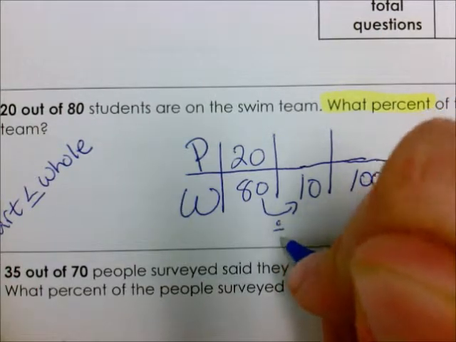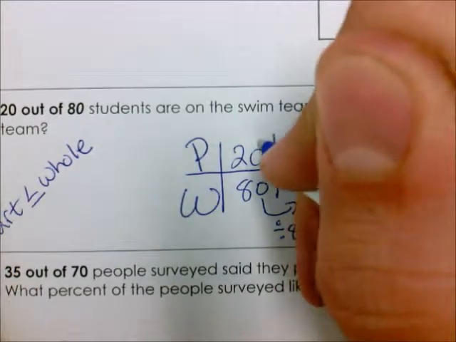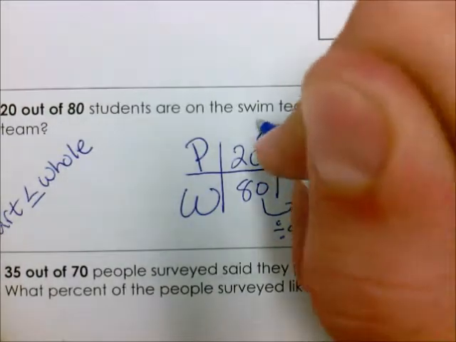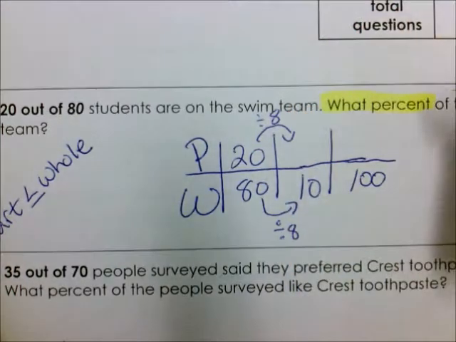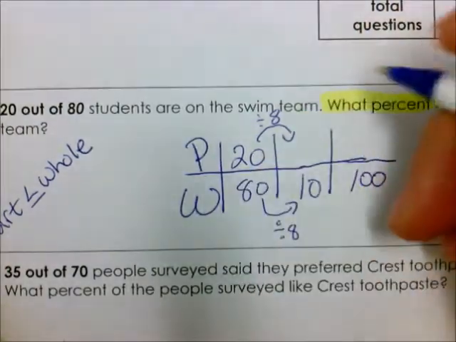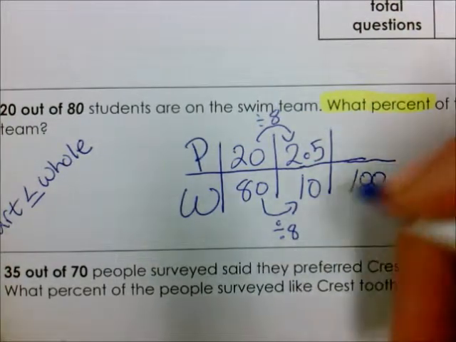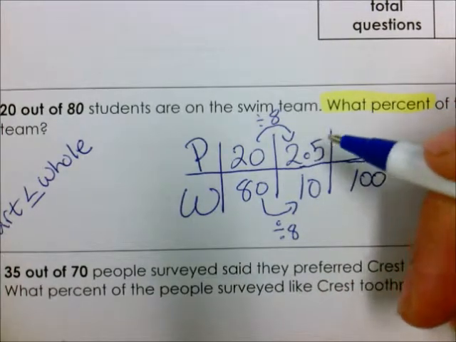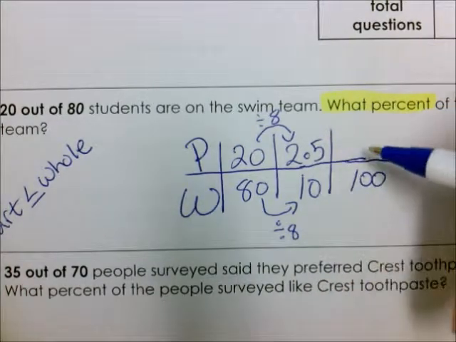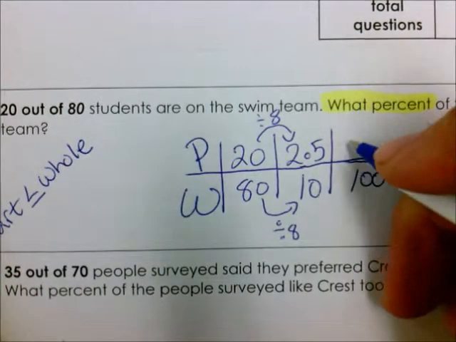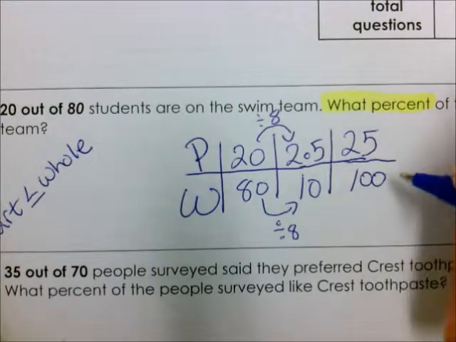Well, 80 divided by 8 is 10. That means I need to do 20 divided by 8. And I do some long division on the side, and I end up getting 2.5. So 10% is 2.5, so that means 100%, multiplied by 10, is 25.